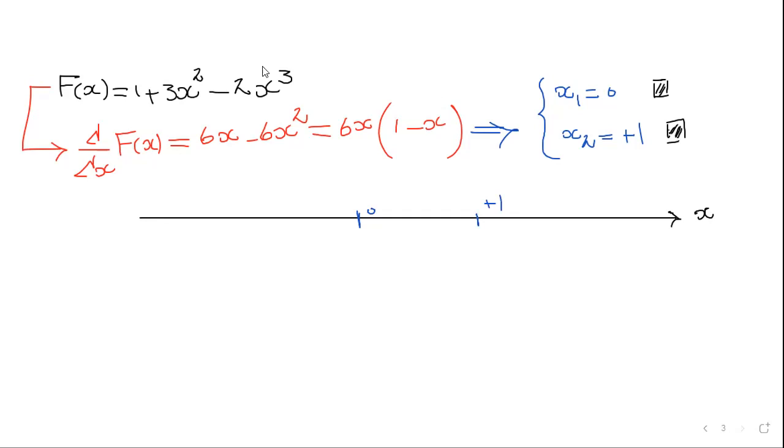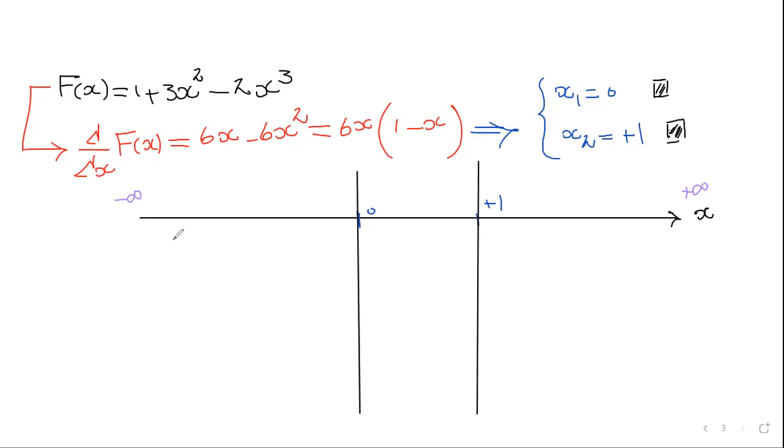When you have done this, the next step is to draw a vertical line at these two critical values. By doing this, I call it intervalizing the x-axis. It means that the x-axis, which spans from minus infinity to plus infinity, is now segmentalized or intervalized.